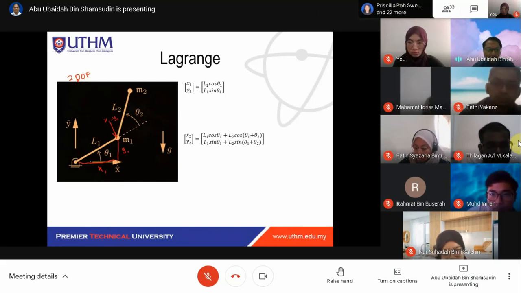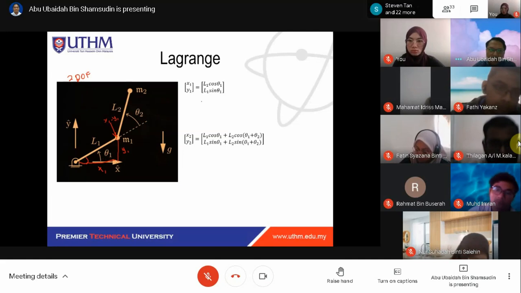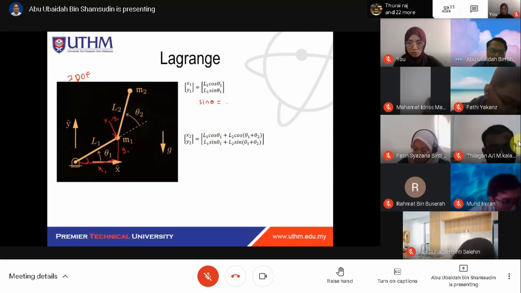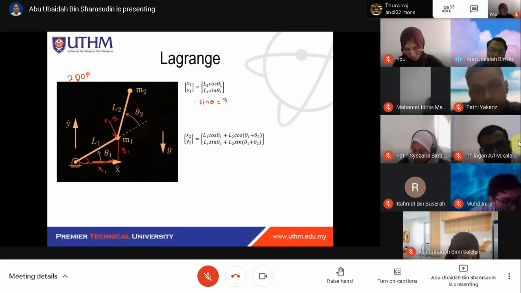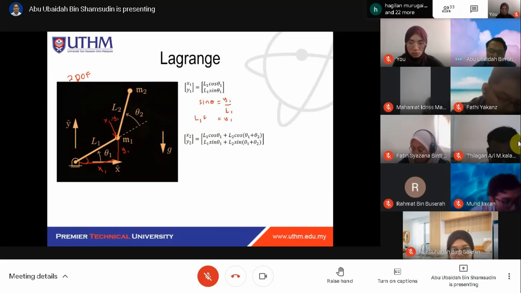To get this, it's very simple. We can use trigonometry, where this part is the opposite. Sine theta equals y1 divided by L1. So y1 equals L1 sine theta.